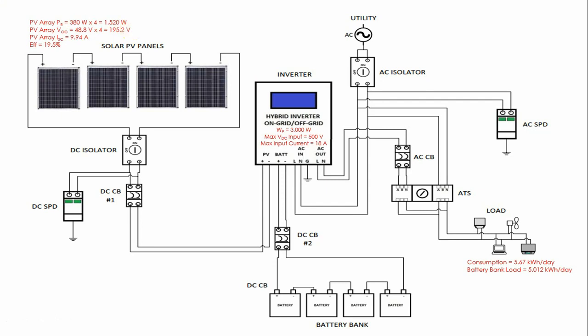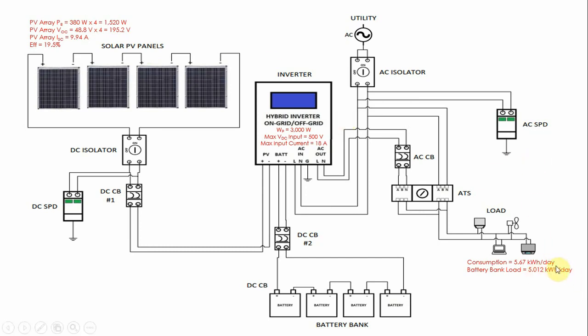In step number 4 we have chosen which appliances are to be operational during the night or during blackouts. We have computed that the total load consumption would be around 5 kilowatts.